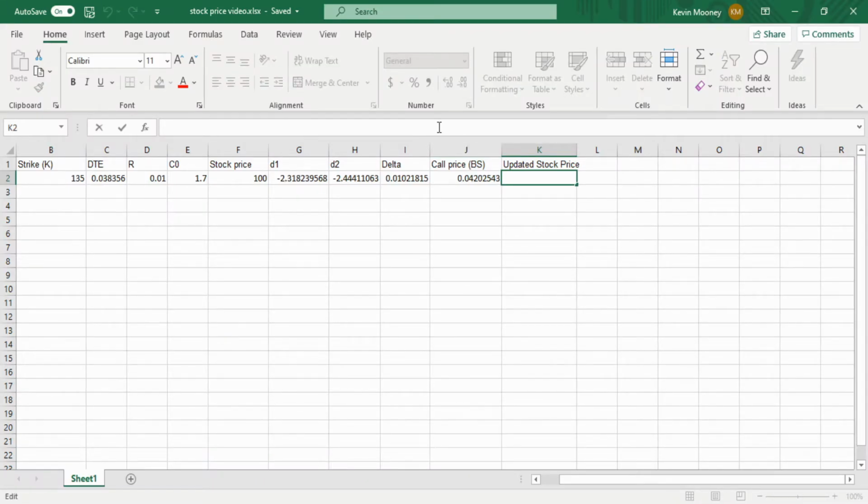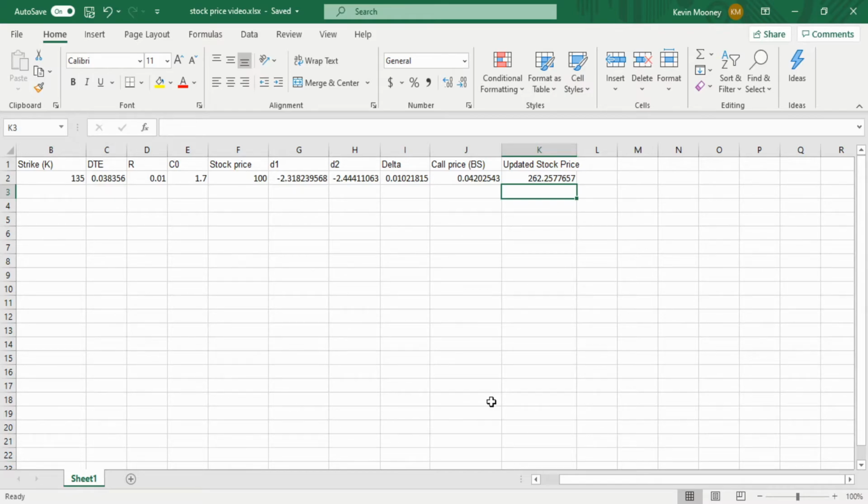So this is going to be equal to minus our Black-Scholes call price, which is this guy. And then we're going to subtract off our actual call price, which is this guy. We need to divide by the derivative, which is our delta. And that should be it. Now we just add on our original guess of the stock price.